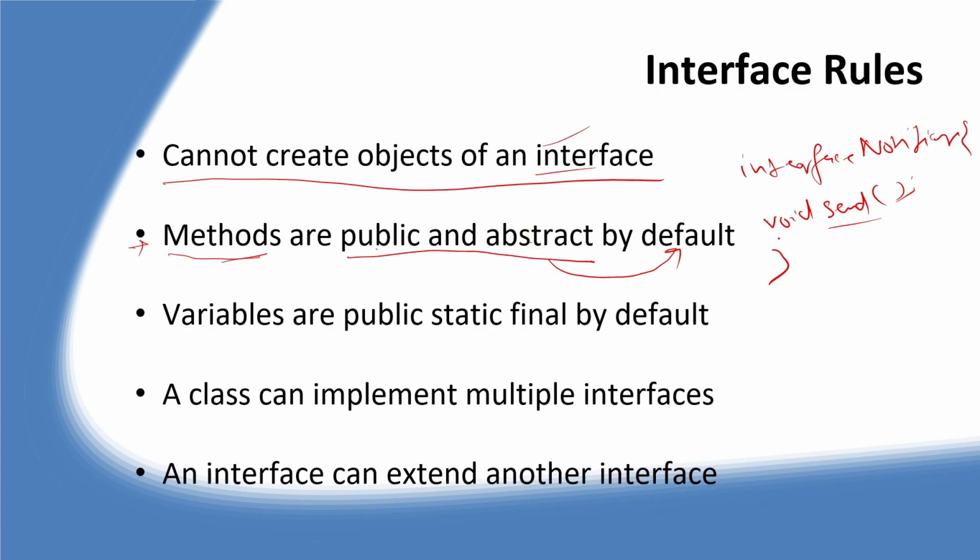Even though I have not written public and abstract, and I have started from the return type, by default it will be public and abstract. Whatever method we declare inside an interface will be public and abstract.